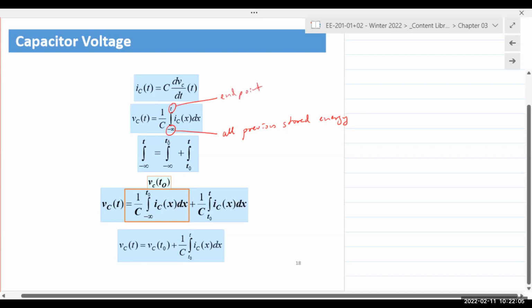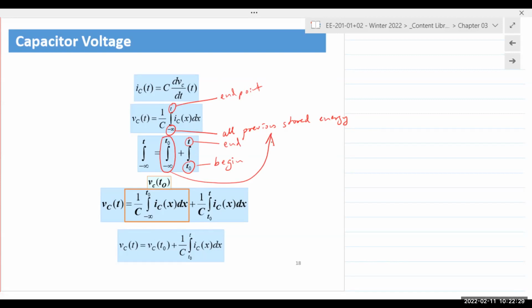And so we break that up into minus infinity to T0, where T0 is the beginning point, T is the end point. And minus infinity to T0 is representing all the previously stored energy that is present in that capacitor.